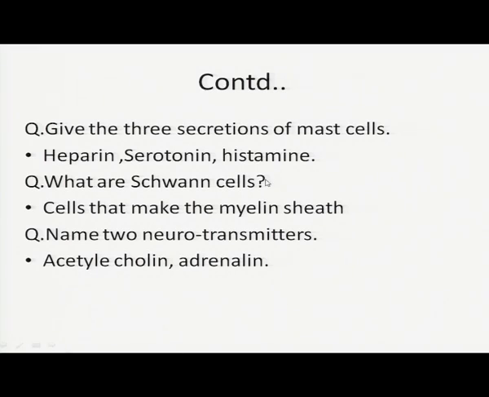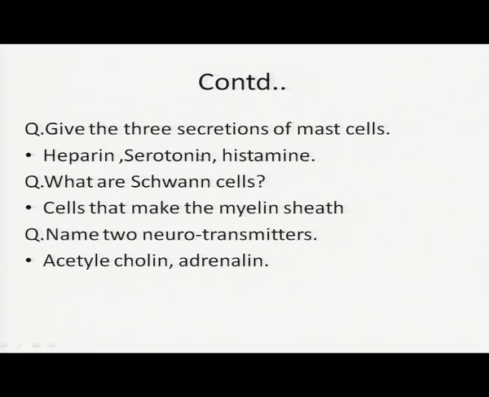Give 3 secretions of mast cells. You know mast cells you have seen in the areolar connective tissue, and this mast cell, the oval or spherical cell, secretes heparin, the natural anticoagulant present in the blood.